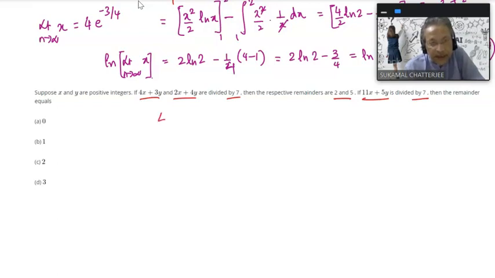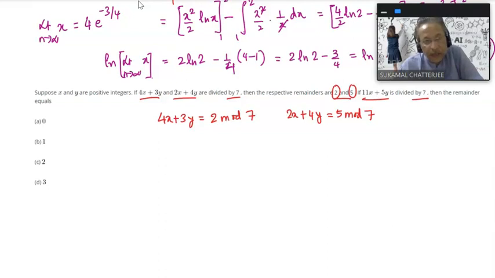So we write this as 4x plus 3y is 2 mod 7 and 2x plus 4y is 5 mod 7. Now from this we want to eliminate either x or y. Now it's easy to eliminate x because if we multiply this with 2 and subtract the first one, then x will be eliminated.